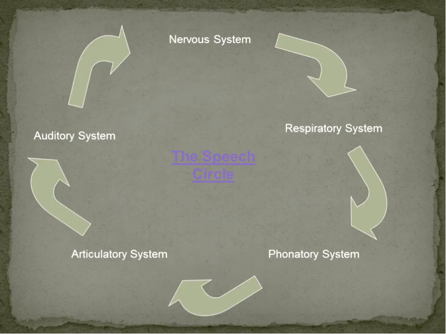And so that's why the arrow. So it starts with the nervous system, formulating the language, and then sending the commands to the respiratory system. The respiratory system then generates the power for the phonatory system. So it follows the arrows all the way back to the nervous system, which is responsible for now decoding the message that was received by the listener via the auditory system.